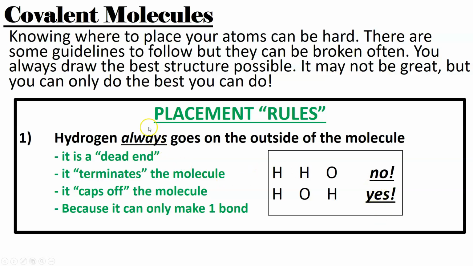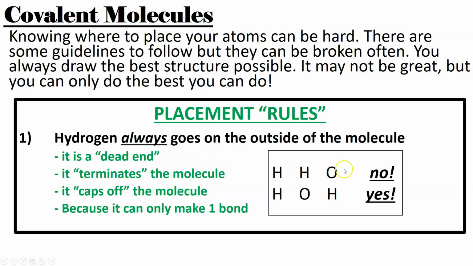One of the most important rules is that hydrogen has to go on the outside of the molecule. Hydrogen can only make one single bond. It can only have 2 valence electrons. And so it kind of functions as a dead end, or we say it terminates the molecule, or it caps it off, because it can only make one bond.